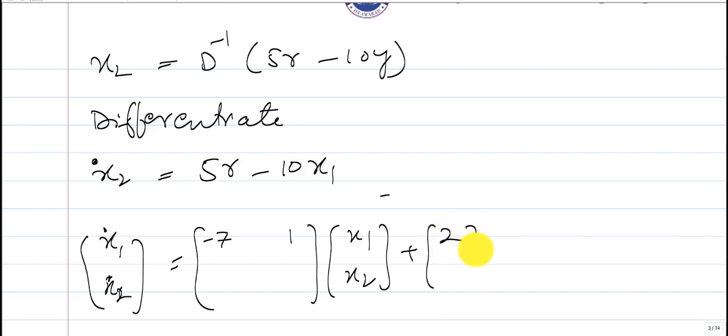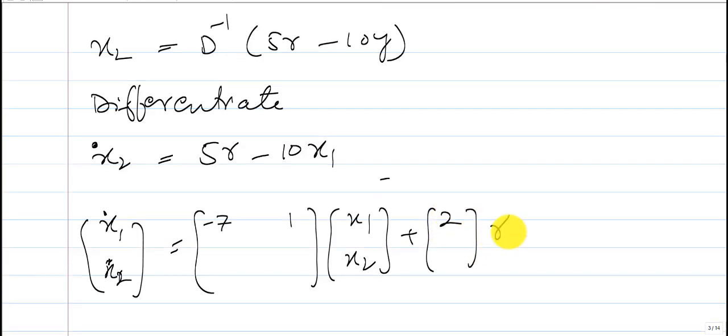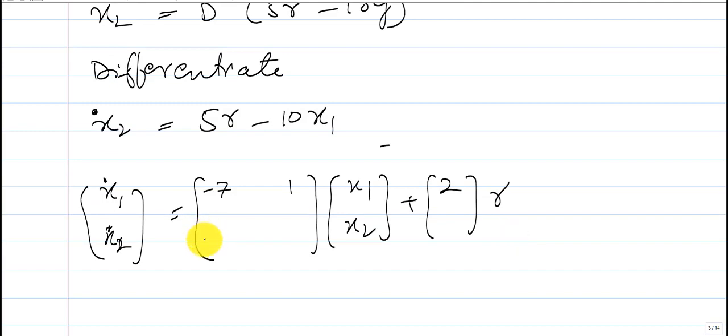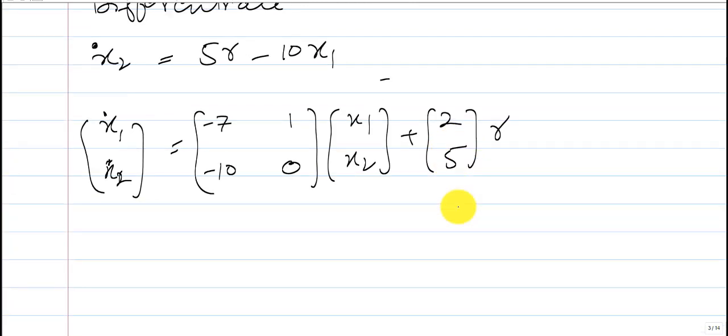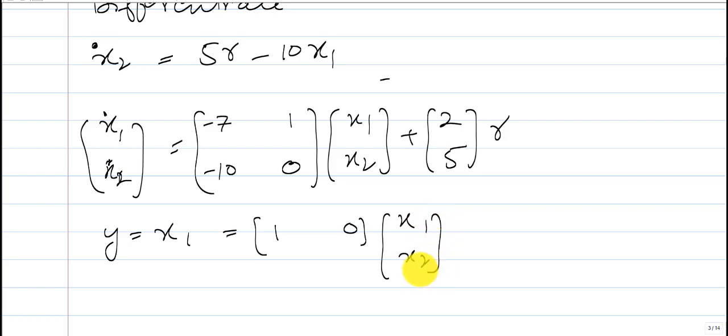From the x2 equation we get minus 10 and 0, and for r we have 5 times r. Similarly, for the output equation, y is equal to x1, so it will be [1 0] times [x1 x2].